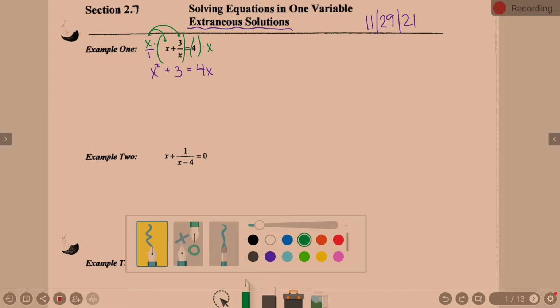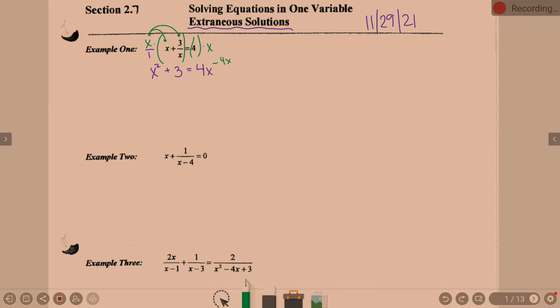I agree, so we'll subtract the 4x over. When I subtract that 4x over, I'm going to land it in the middle, so that I'll be in my quadratic form of x squared minus 4x plus 3 equals 0. So again, making it equal 0 because there's x squared and x terms.